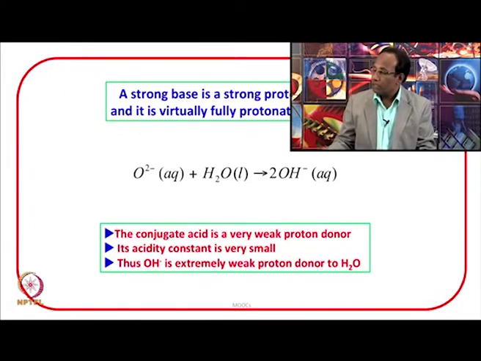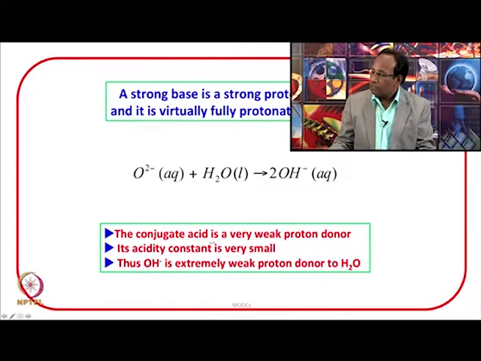Okay, now let us look at a few more comments. The conjugate acid is a very weak proton donor. Now, if this is a base, its conjugate acid is going to be OH minus. And OH minus is an extremely weak proton donor. It will not give its proton to water. That is the meaning of this sentence.